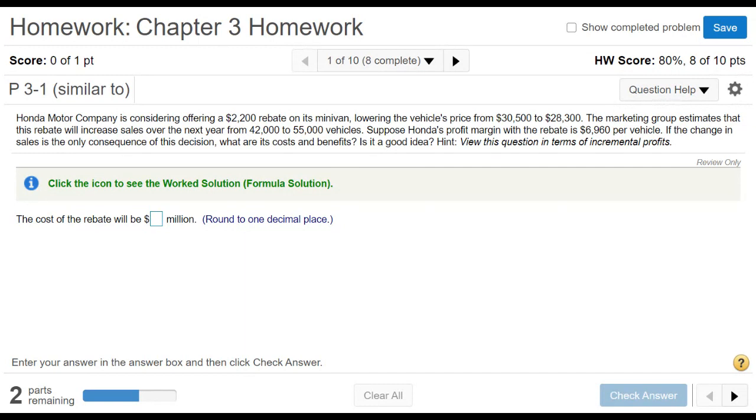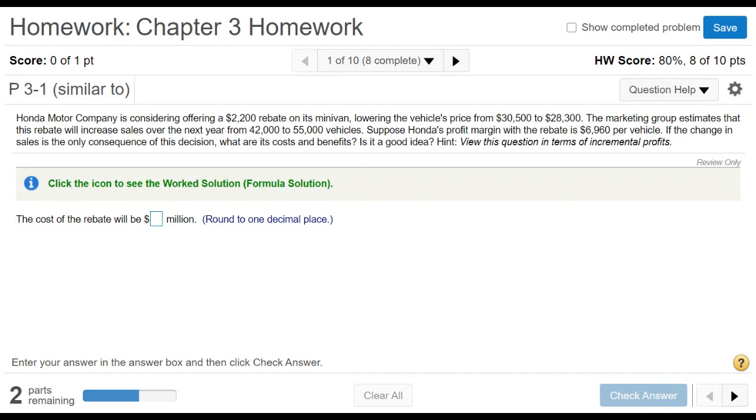Yes. Okay, so this question right here is a dealership question, right? Now you're working at a dealership, to move 42,000 cars, your regional. So what this is saying is that they have lowered the price of the car from 30,500 to 28,300.